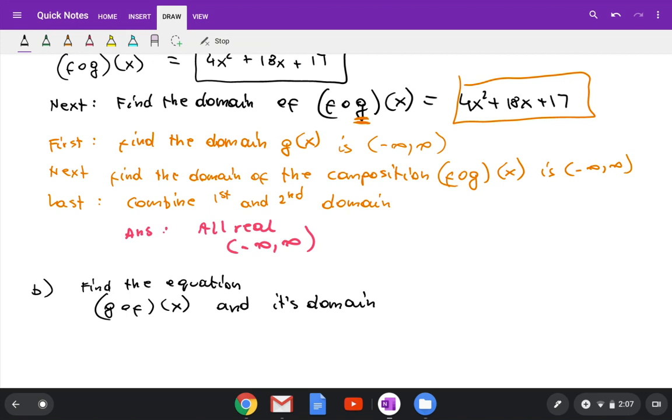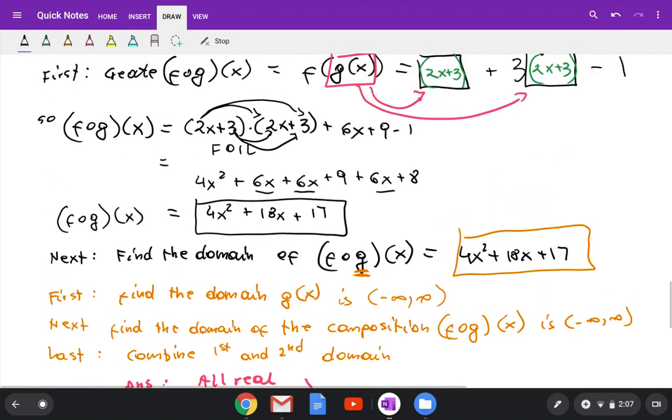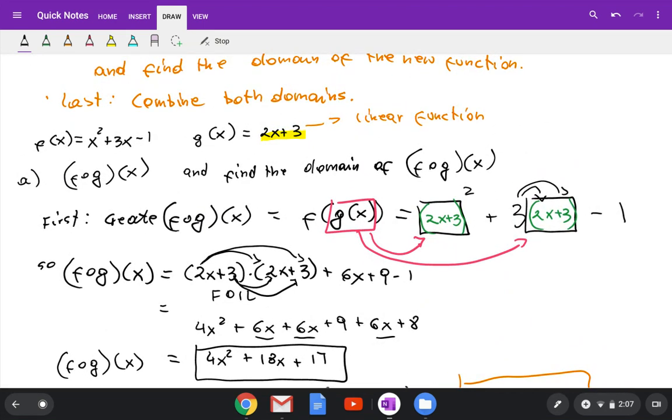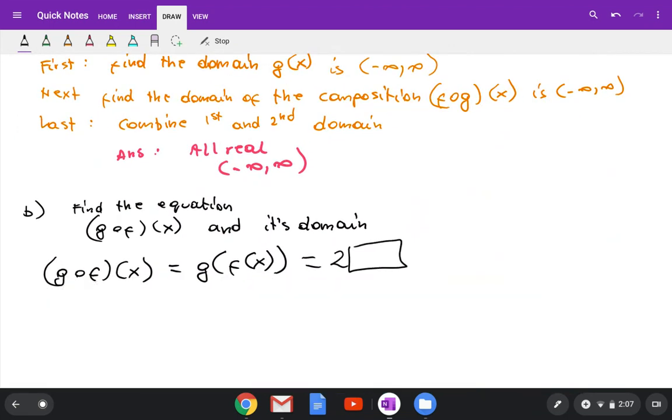Okay, so let's start with creating the composite function. So g composed with f of x, g is outside, f is inside. So you're going to start with the outside function, which is g. Copy the equation of function g. Function g is 2x plus 3. Like you see, I'm not copying x because what you're going to do is replace x with the equation of function f.